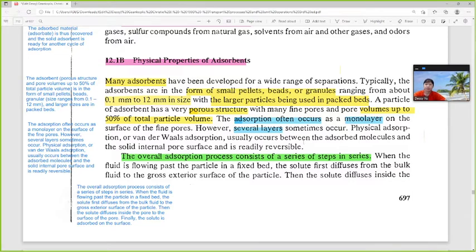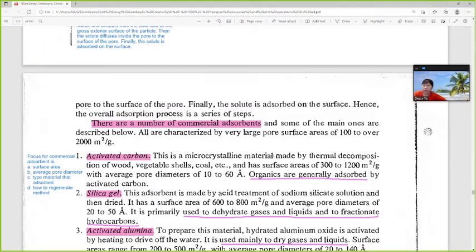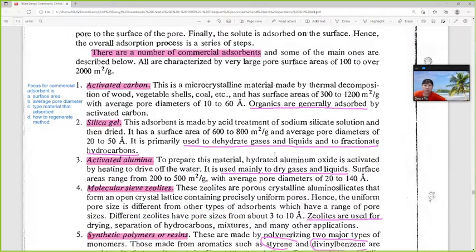Absorbent. The next page. There are a number of commercial absorbents: activated carbon, silica gel, activated alumina, molecular sieve zeolite, and synthetic polymer or resin.